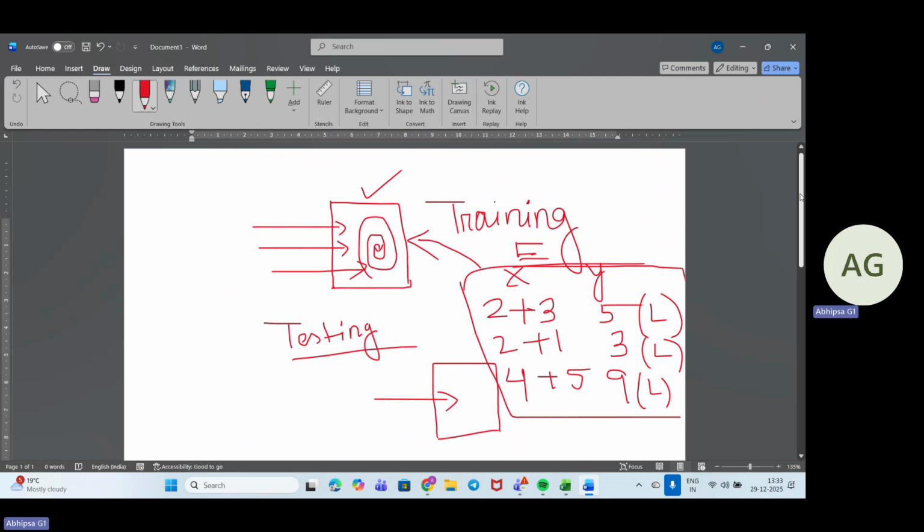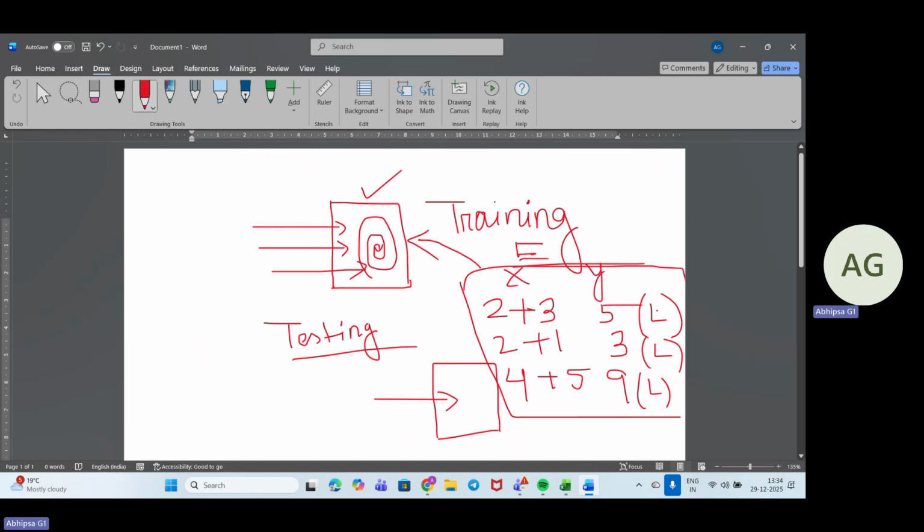So in the training phase, what happens? The model is learning about the data accurately and tries to find the pattern and the reason why we are getting this result. 2 plus 3, after adding, why are we getting 5? Why not 2? Why not 3? That understanding the model gets in the training phase.